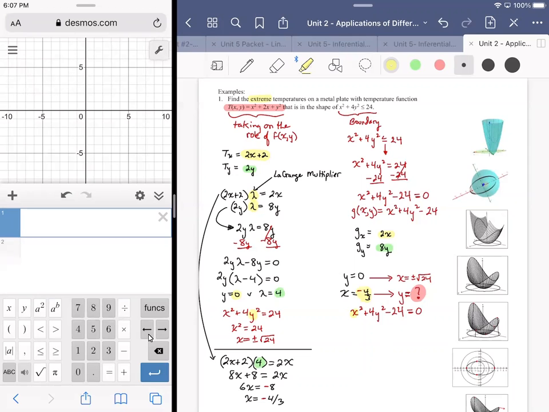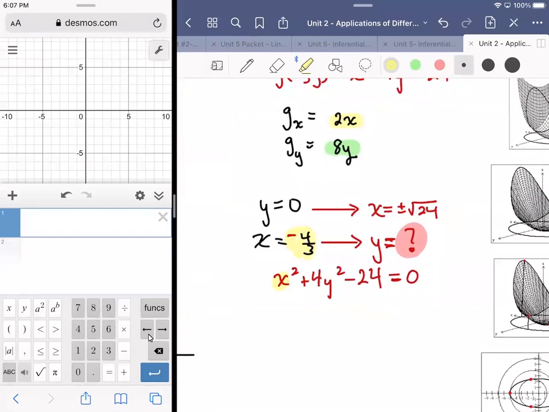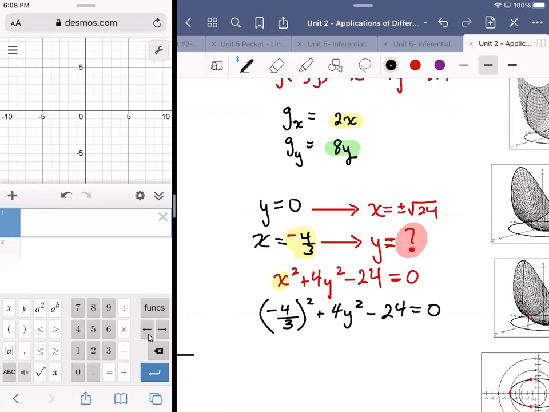All right. So now I'm looking at, good question, -4/3 squared plus 4y squared minus 24 equals 0. I could pop this in the calculator, but I'm not in the thinking mood right now. I know -4/3 squared is going to be 16/9, but then I'd have to get a common denominator and put that with the -24.